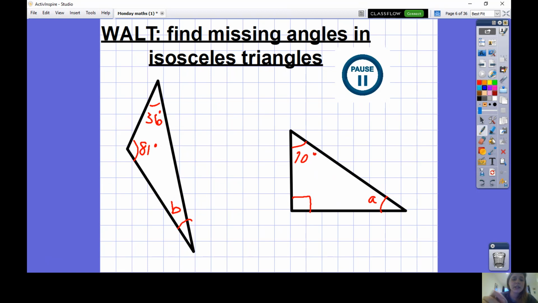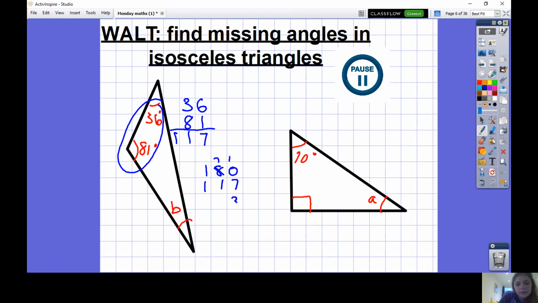Okay, you should not still be watching this video if you haven't solved those 2 do now questions. I'm going to start by doing 36 add 81. 36 add 81 would give me 117. I know that the interior angles of a triangle are 180 degrees, so I'm just doing 180 subtract 117. I'm going to need to regroup in order to do that, and my missing angle here will be 63 degrees.